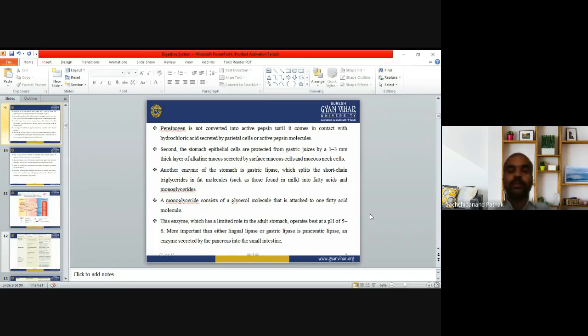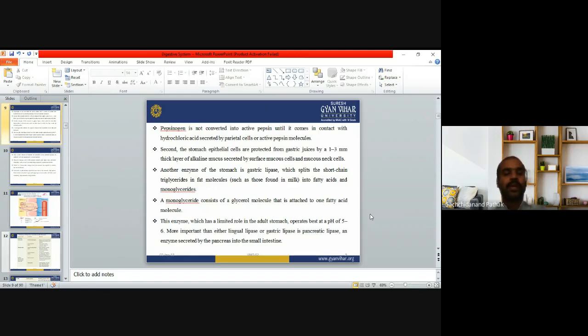So how is the stomach wall protected from this acid, which comes in contact with it? It is due to the mucus secreted by cells like the surface mucus cells and mucous neck cells.